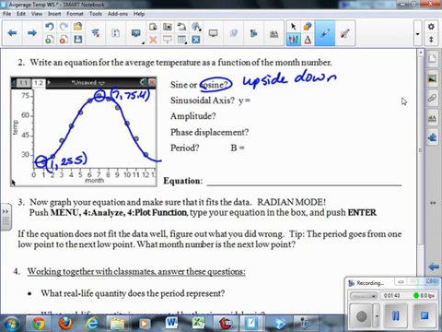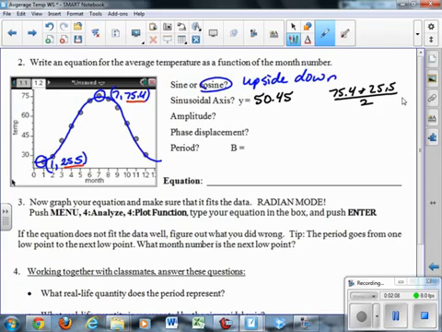The sinusoidal axis is the halfway point of the y values, so I need to take these 2 points and average them to find the middle. So if we add up 75.4 plus 25.5 and divide it by 2, we end up with 50.45, and that's our sinusoidal axis.